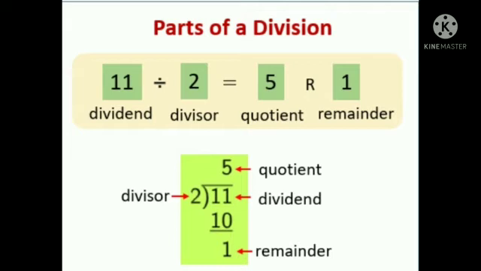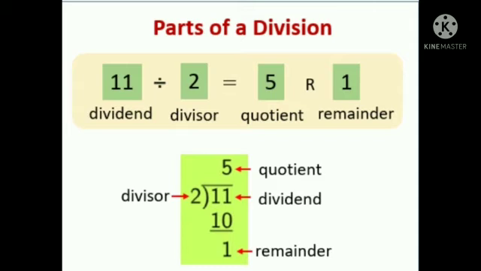Now let us see the parts of a division. Clear? Now there are the 4 parts of your division. Now see, here we have to divide 11 by 2. So here 11 is your dividend, 2 is your divisor, and after dividing 11 by 2, see what you will get, that is 2 fives are 10. So that 5 is your quotient, and what is your remainder?